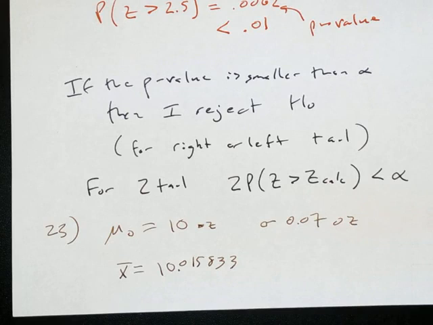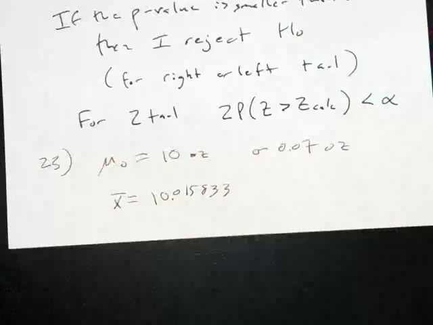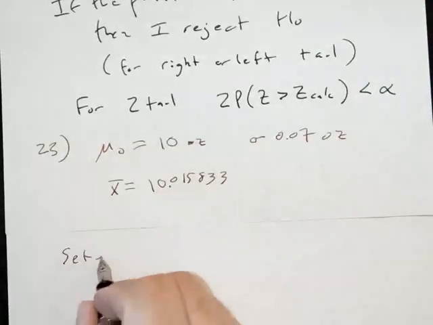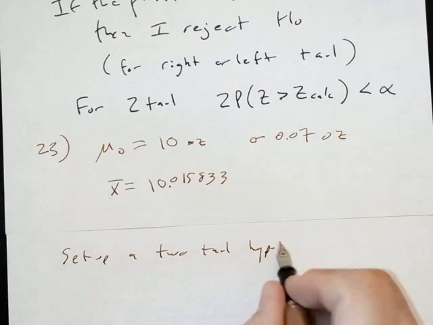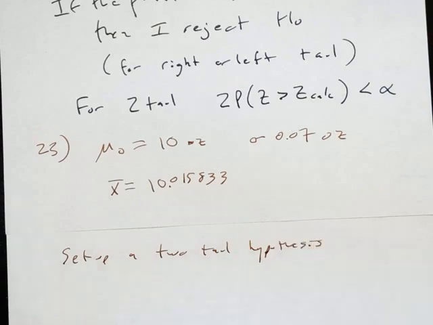It says in the text, set up a two-tail hypothesis to test the filling quality controls at the spring water company. So it tells me to do a two-tail. Two-tail hypothesis. I need H null, my null hypothesis, and I need the alternative hypothesis.